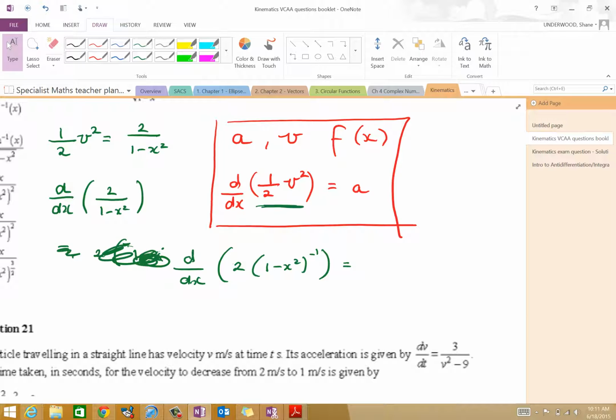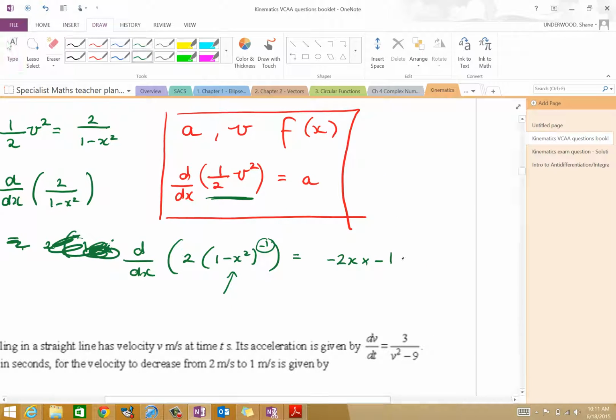Okay? That's what I'm going to do. Now, of course, when I'm doing that, I need to do the derivative of what's inside there, the chain rule, which is negative 2x. Okay? And then I have to multiply it by this thing here, which is negative 1. And then I have to multiply that by 2.